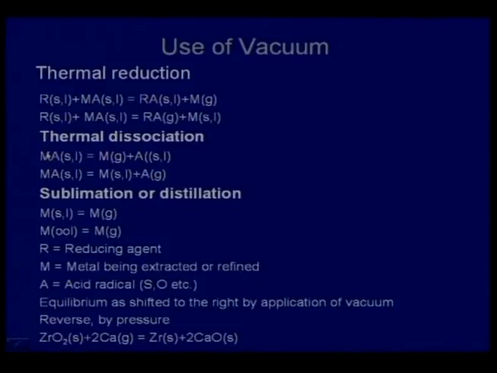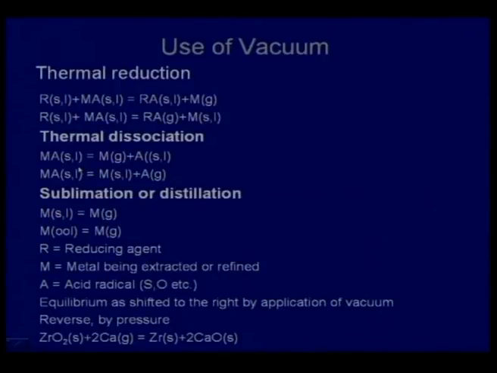I say MA, it can be solid or liquid. Actually, A is the non-metallic part, and simply by heating we can dissociate that. And during dissociation, we may produce metal in the gas phase, or we may produce the metal in the solid or liquid phase.